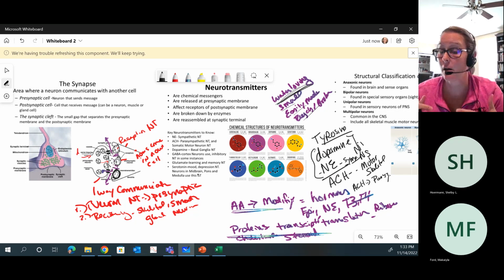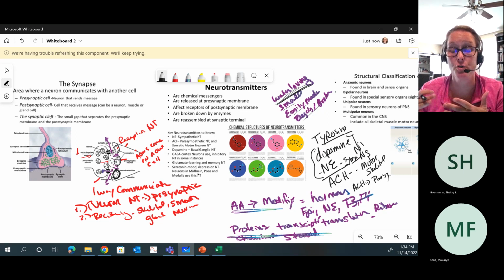Eventually, when you get to a pharmacology class, you will learn a lot of drugs, especially when we talk about mental health and emotions and moods and attention, because those drugs are trying to make the synapse either have more neurotransmitter or less neurotransmitter in the synapse for longer, or neurotransmitter in the synapse for less time.